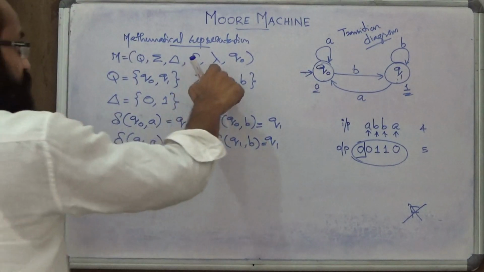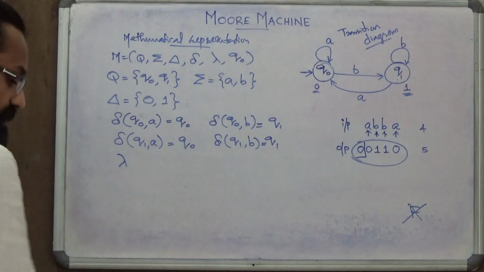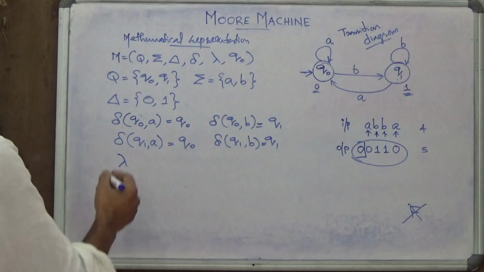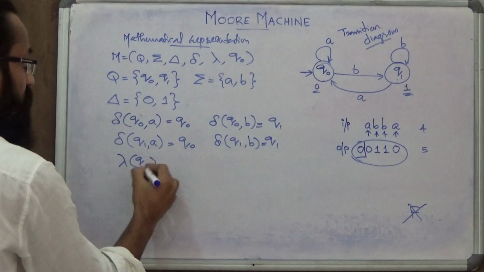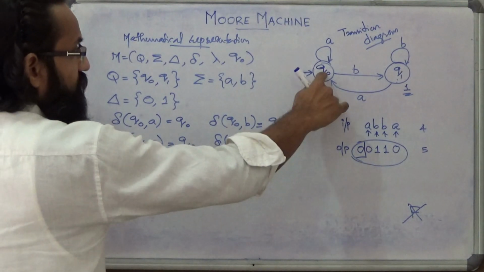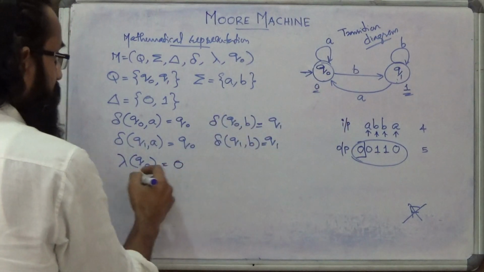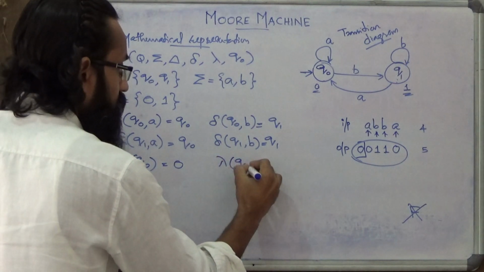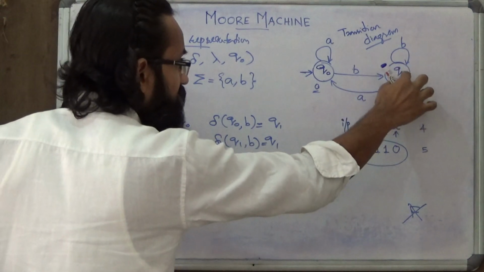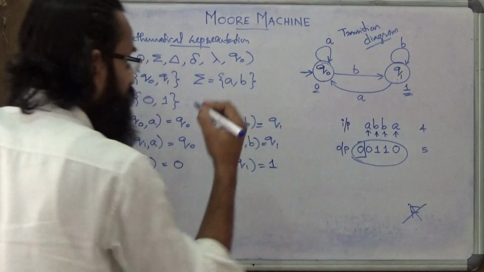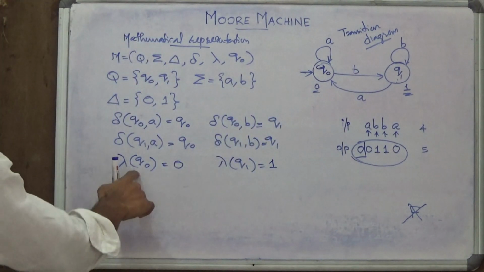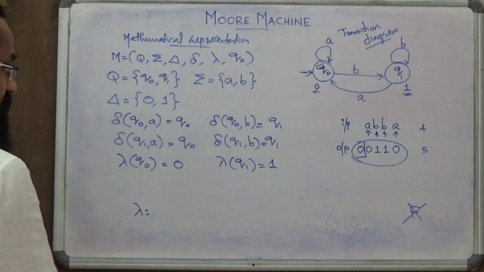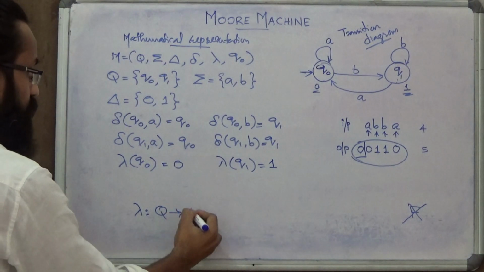Now we can define the next one, that is lambda. Lambda, as I said, is a mapping function that maps state to output. So what is lambda(Q0)? Lambda(Q0) is 0, that is the output associated with Q0. Now what is lambda(Q1)? That is the output associated with Q1, that is 1. That is the reason for defining lambda as a mapping function that maps from Q to delta.